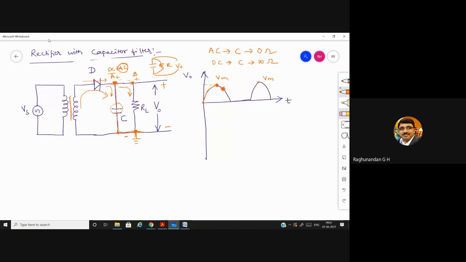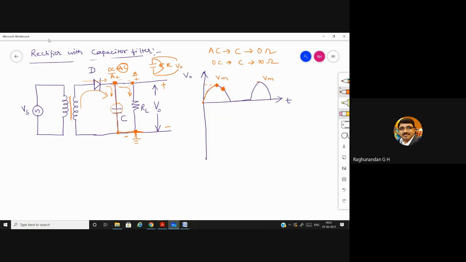So we feel tired again and take some more food, right? In the same way, the capacitor is going to hold the voltage for some time. Even when the voltage at A is falling, the voltage across the capacitor will be at Vm only.